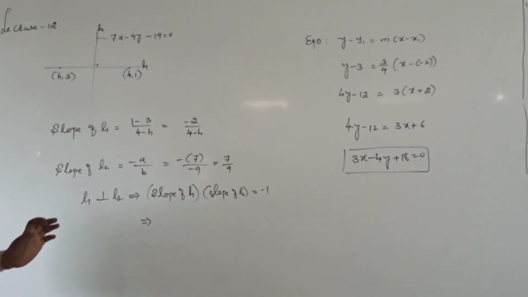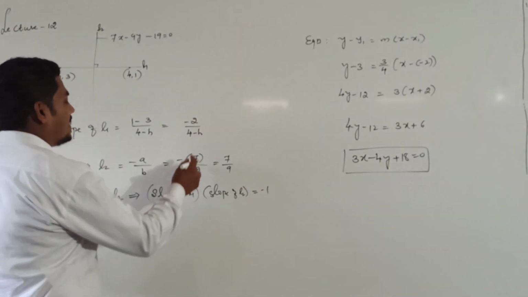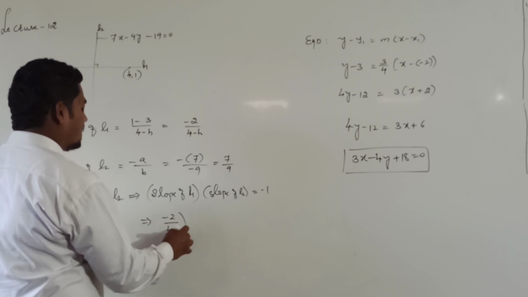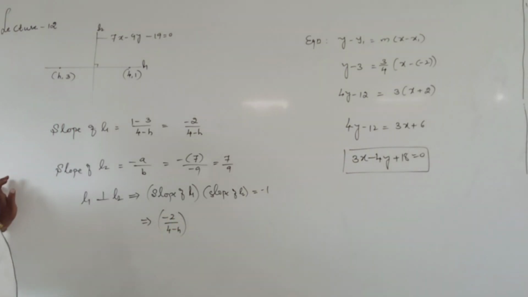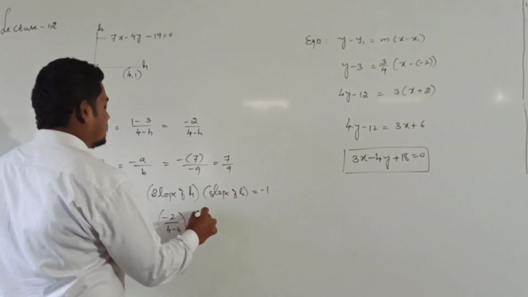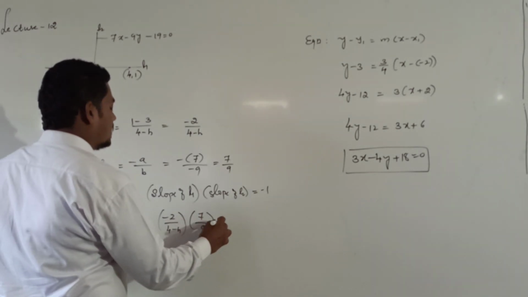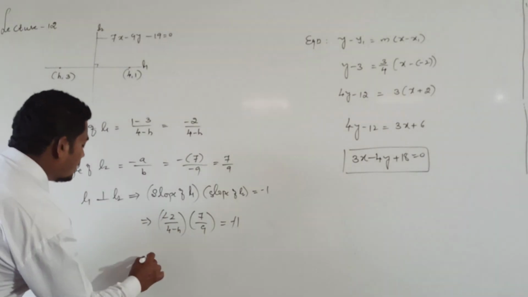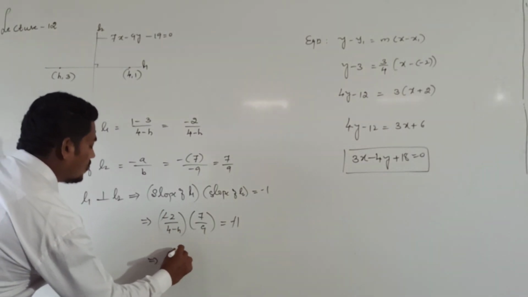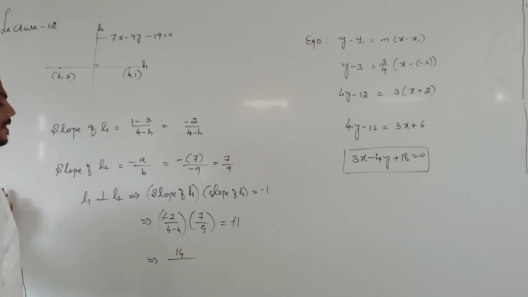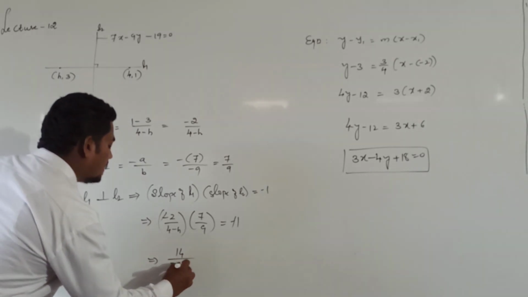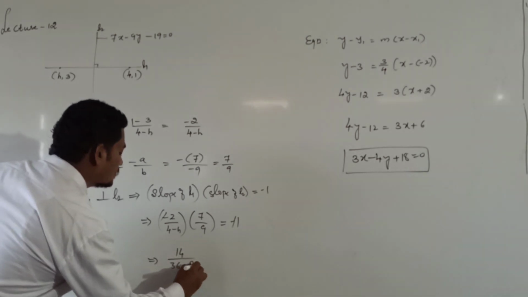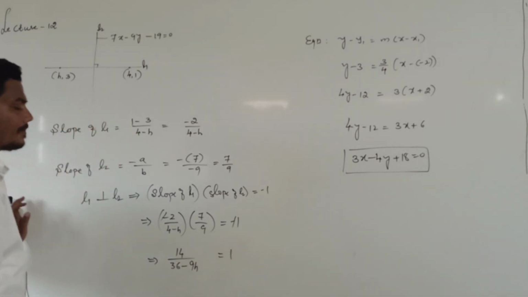Already we have the slope of line 1, that is minus 2 divided by 4 minus h, into the slope of line 2, 7 divided by 9, that's equal to minus 1. On both sides the negative sign will get cancelled, implies 14 divided by 36 minus 9h, right? That's equal to 1.